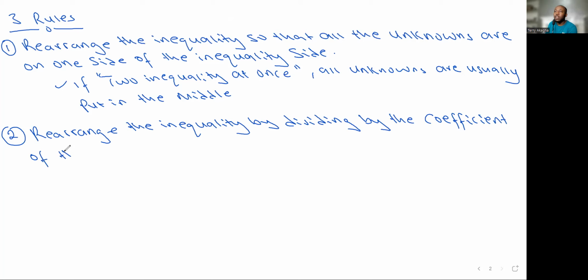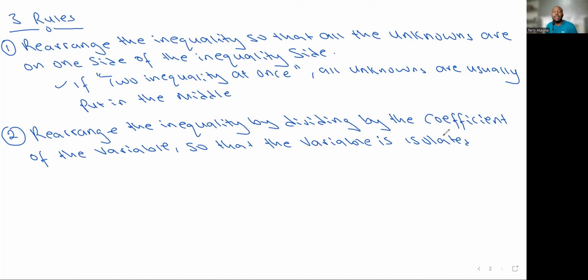So you divide by the coefficient of the variable so that the variable is isolated.